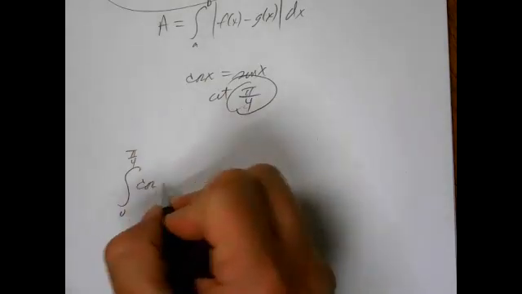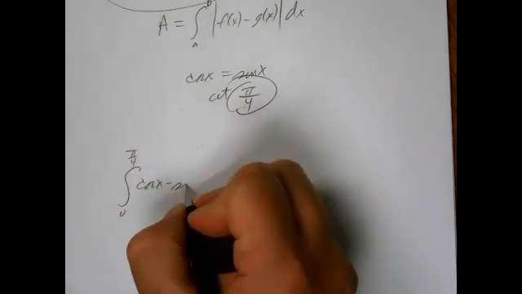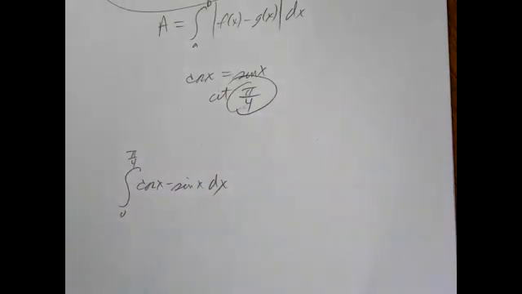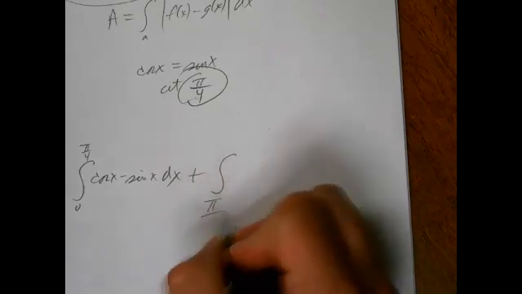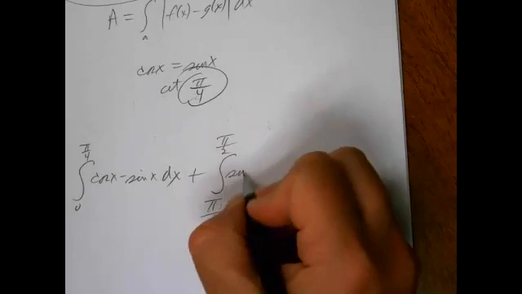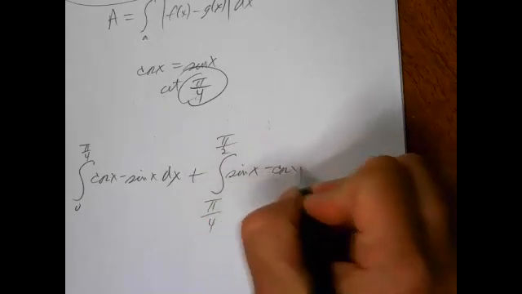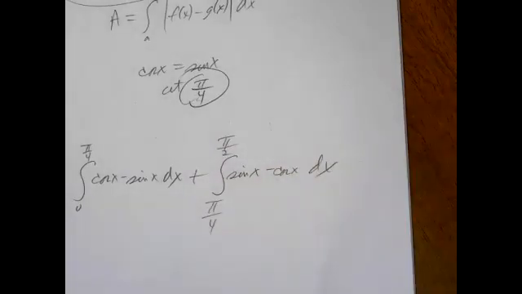So we would simply integrate cosine of x minus sine of x dx from 0 to pi over 4. And then from pi over 4 to pi over 2, we could integrate sine of x minus cosine of x dx. And those integrals are ones that you should, by this point in time, be capable of doing. So I'm not going to evaluate them for you, but that is how it would be set up.